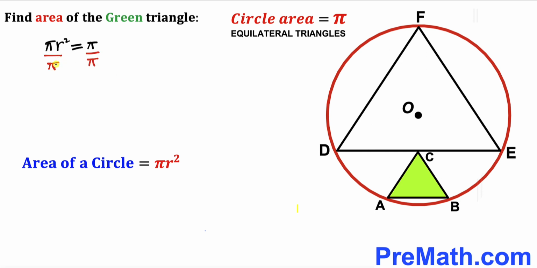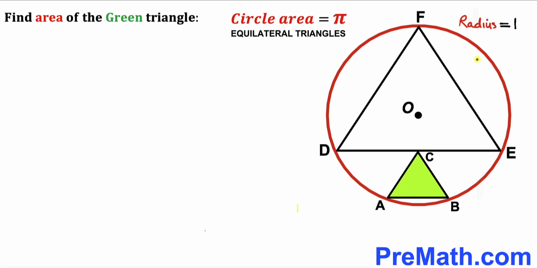Now let's divide both sides by pi. So we get r squared equals 1. Let me undo this square by taking a square root on both sides. So our radius r turns out to be positive 1. So the radius of this circle turns out to be 1 unit.